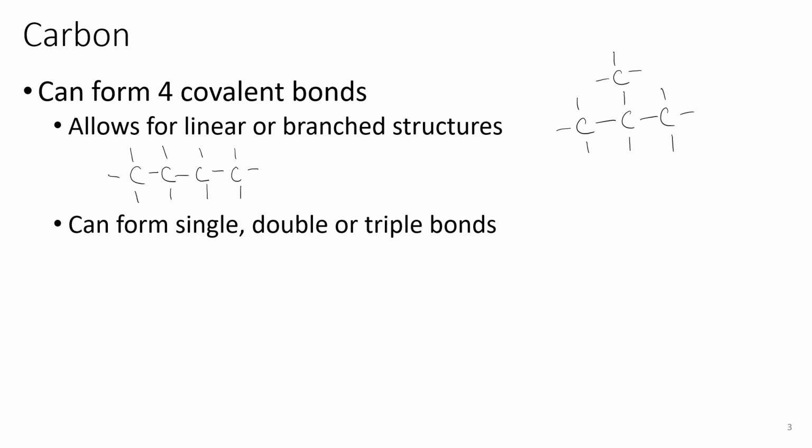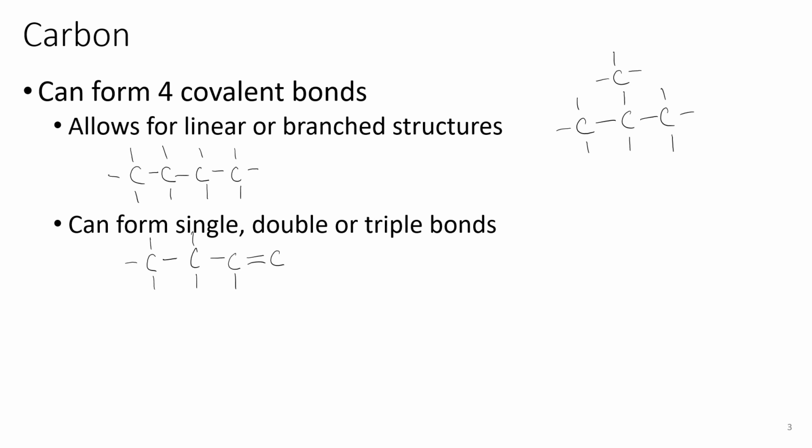Carbon can also form single, double, or triple bonds. So this allows us to put a variety of different bonding patterns in our structures as well. So if we just look at an example of a linear structure of carbon, I can connect 2 carbon atoms with a single bond, but then I can also use a double bond to connect carbon atoms as well.